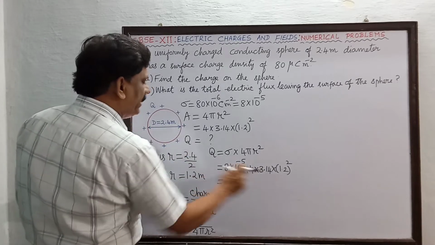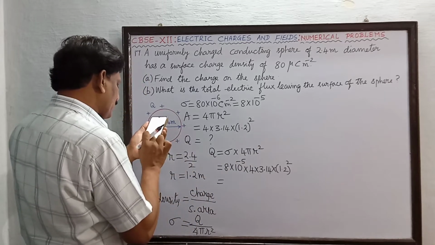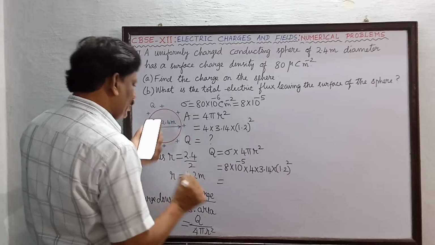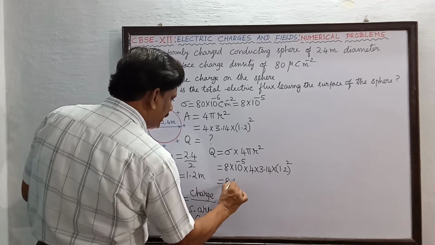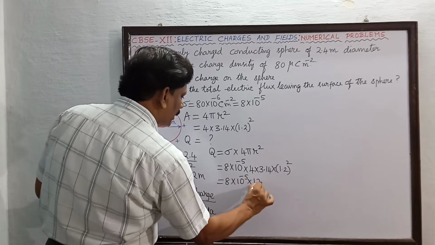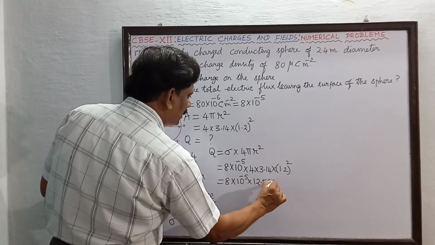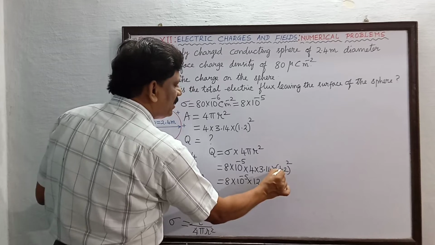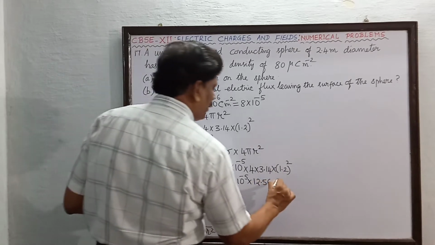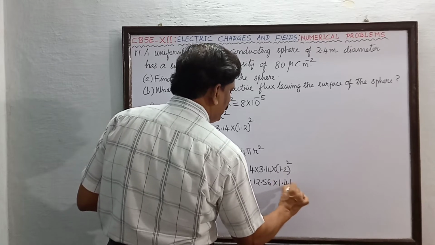So 4 into 3.14 is now equal to 12.56. So this is 8 into 10 power minus 5 into 12.56 into, 1.2 square, 12 square is 144, so this must be 1.44.